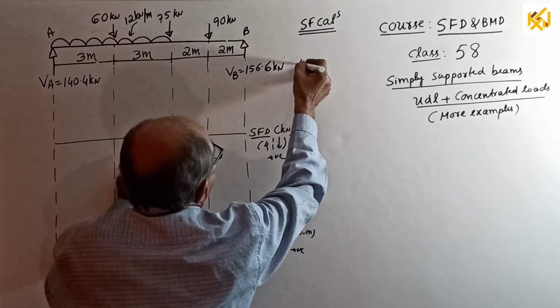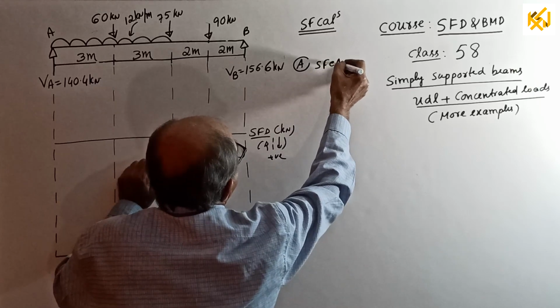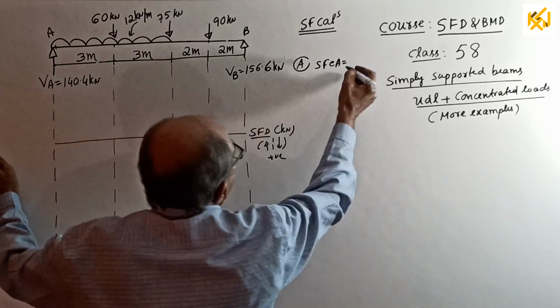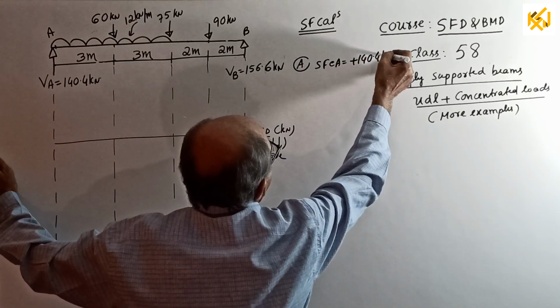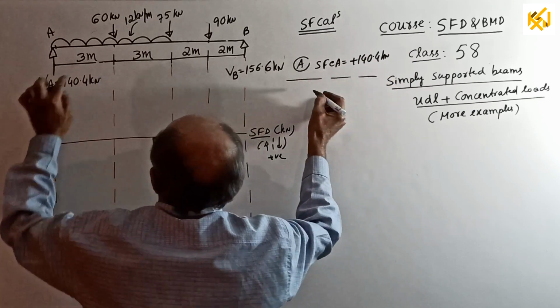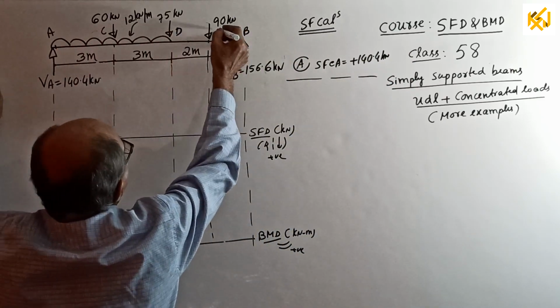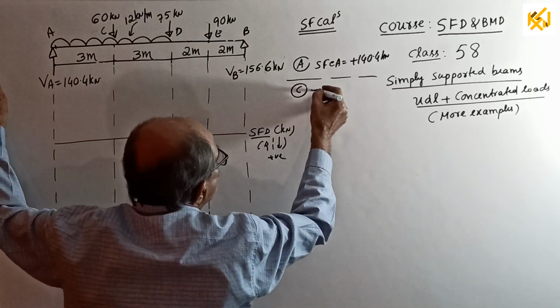First, consider point A. Shear force at A equal to, come slightly inside, look this side, plus 140.4 kilonewton. Over. Next, come to point C. Those who want to write, note.